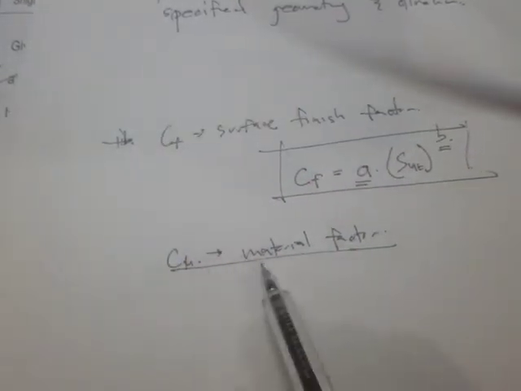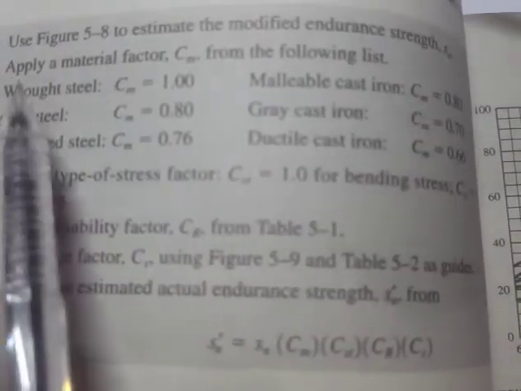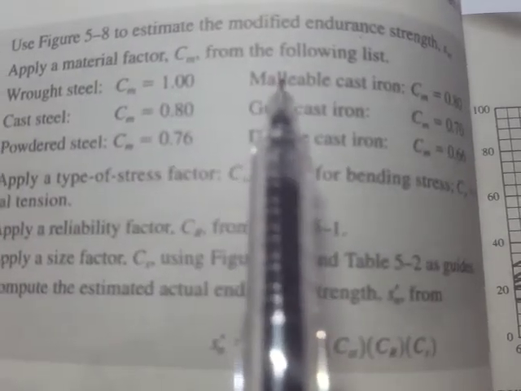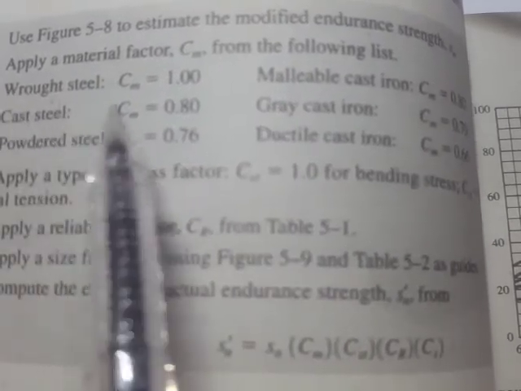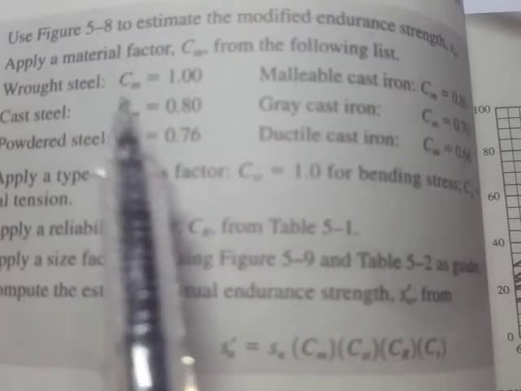For the material factor, this one is taken from the textbook by Robert Mott. Right here there's data, for example, the material factor from the following list. For wrought steel, the Cm, the material factor, is just 1.0, because that's the standard specimen, I guess.